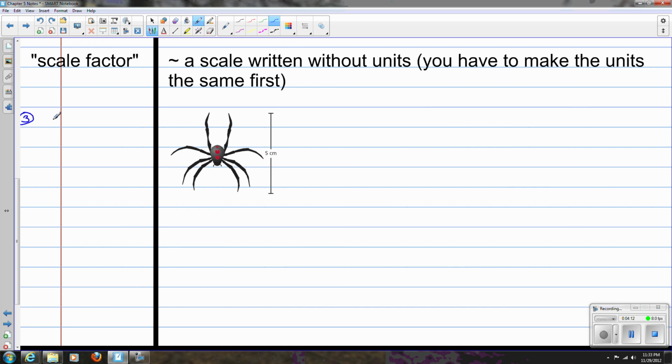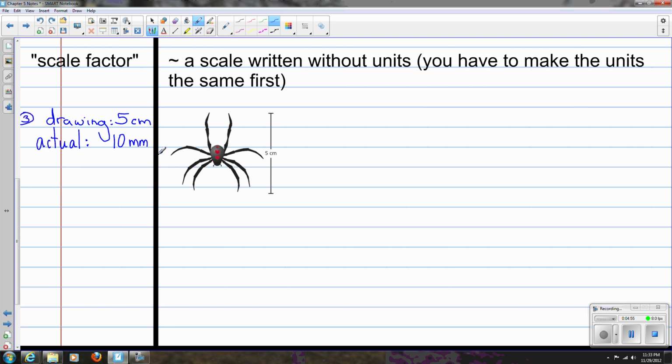Okay, so this is a scale drawing of a spider. And in the drawing, the spider is 5 centimeters. Okay. So if they tell us that the actual spider is 10 millimeters.